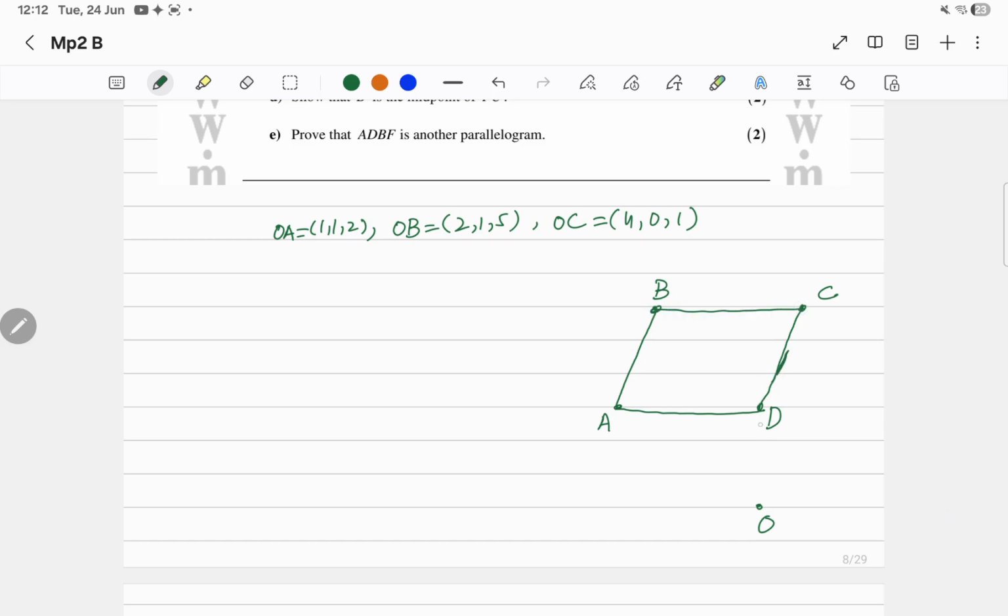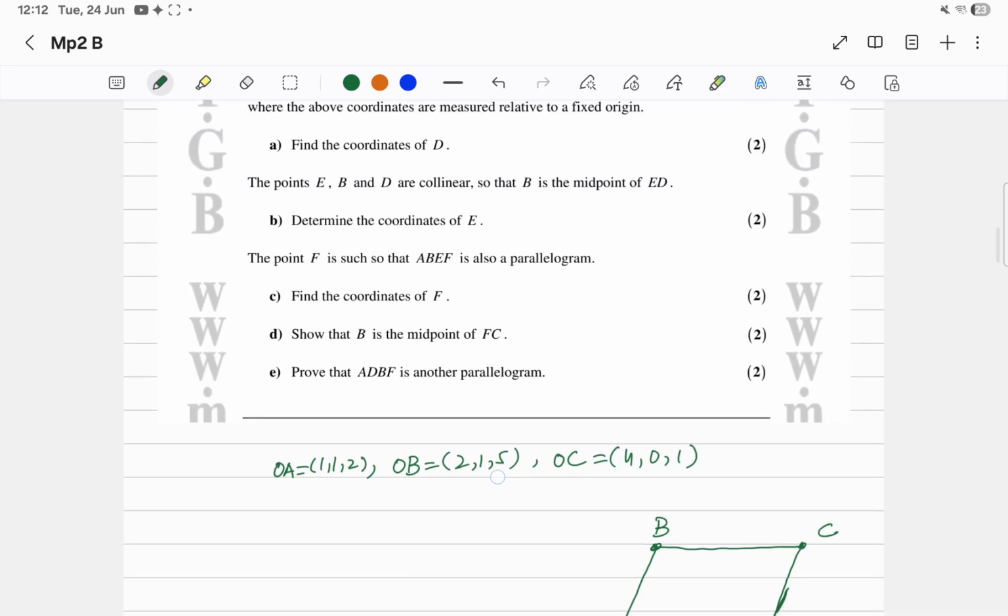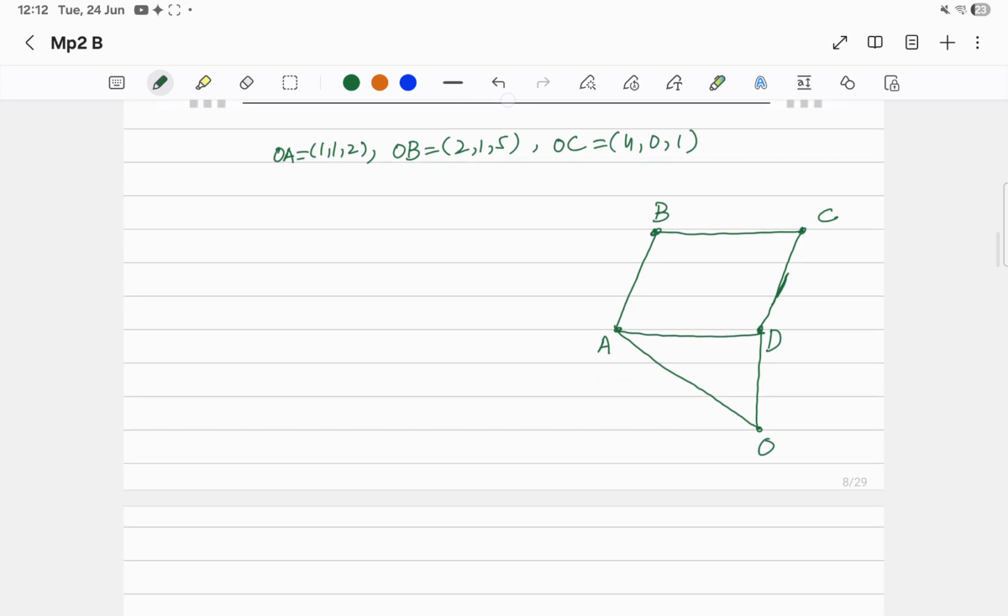From the origin O, we have to find the coordinates of the point D. If you work out the position vector OD, you will get the coordinates of D. So we need to work out OD, and this vector is OA.